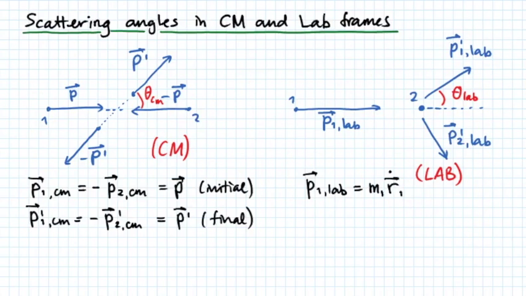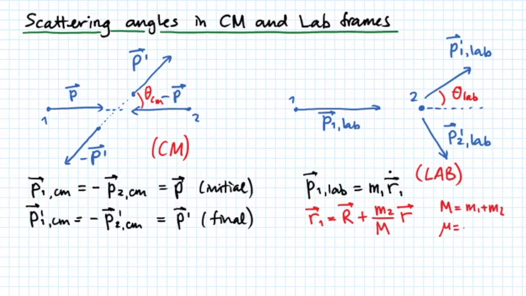Here we need the expressions that relate the coordinate of the first particle, r1, in terms of the position of the center of mass, R, plus m2 divided by m, total mass, times relative position r. Remember that capital M is simply m1 plus m2, and mu is m1 times m2 divided by capital M.